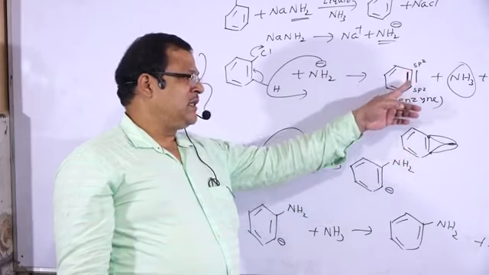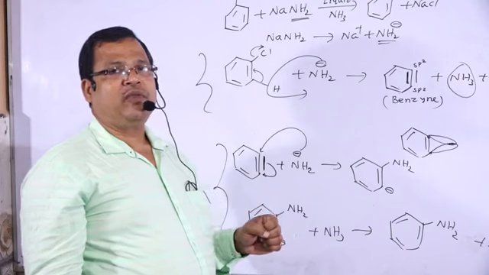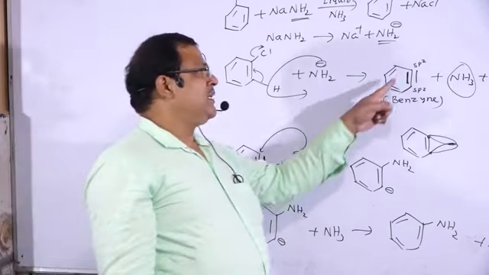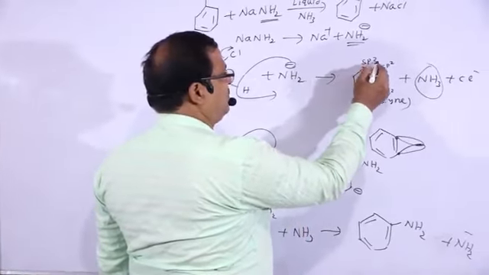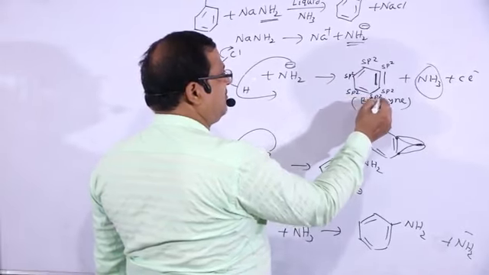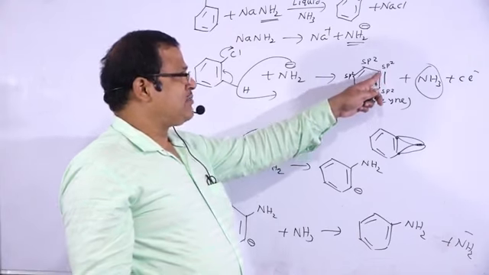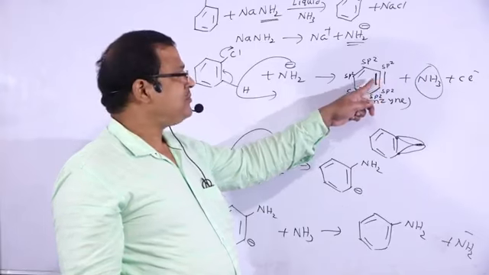The question is, why does benzyne, having a short life period, act as the reaction intermediate? Because in all these cases, the carbon atom is sp2 hybridized. So the sp2 hybridized carbon atom is involved in the process of pi bond formation.